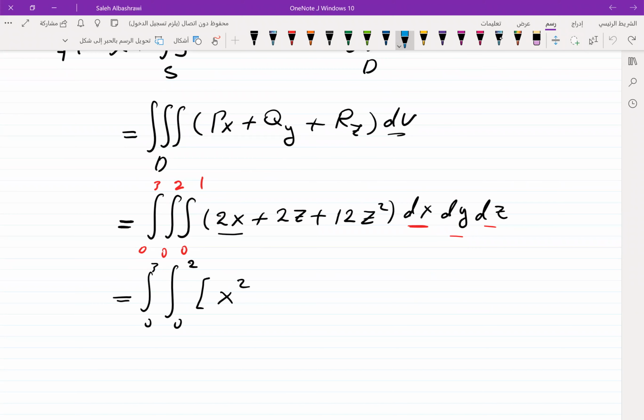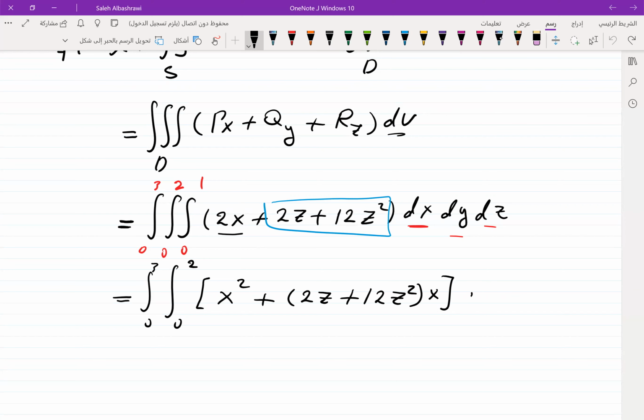And we will consider this as constant with respect to x, so this will be plus (2z plus 12z squared) x, and the limits from 0 to 1, for the x variable.